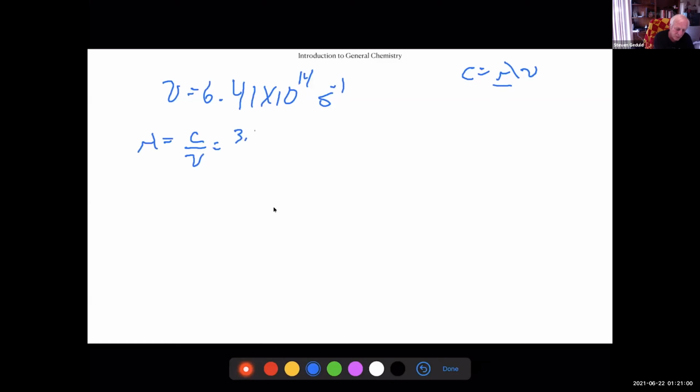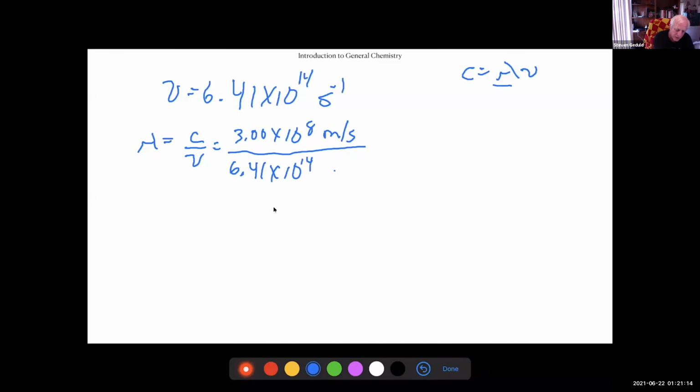C is 3.00 times 10 to the 8 meters per second. Frequency is 6.41 times 10 to the 14th per second. The per seconds cancel, and we're left with meters.